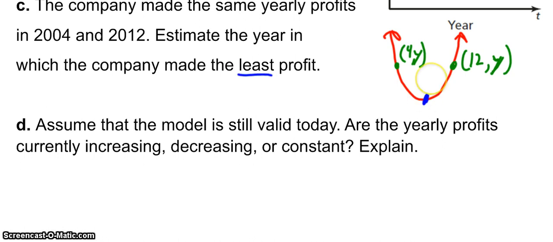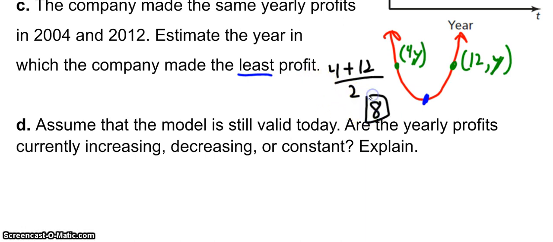Had to occur at the vertex, which I know is the average of those two x coordinates. So 4 plus 12 over 2, 4 plus 12 is 16, 16 over 2 is 8.